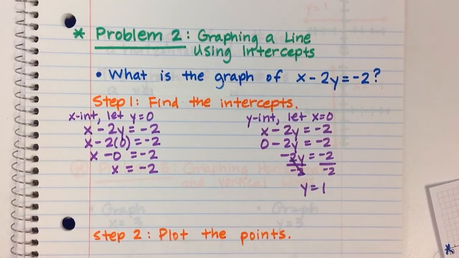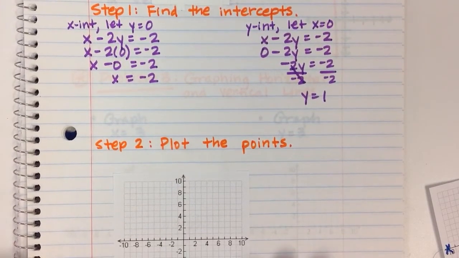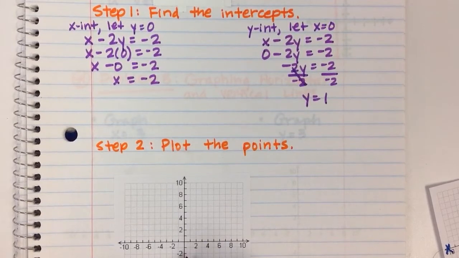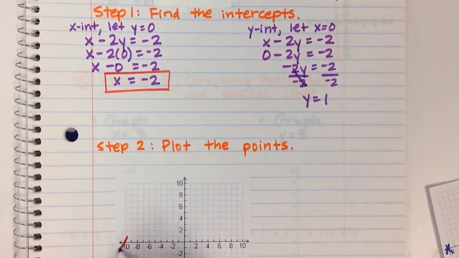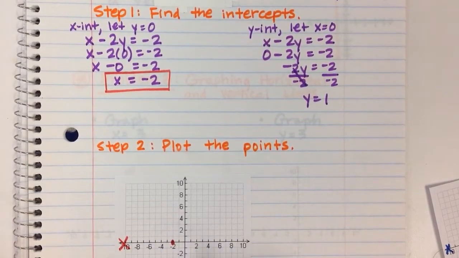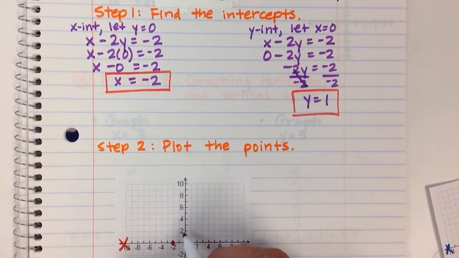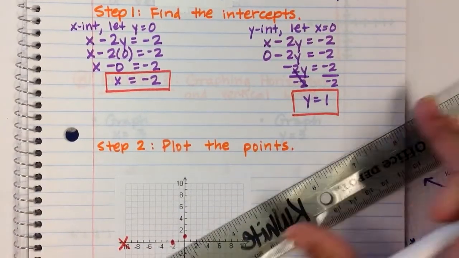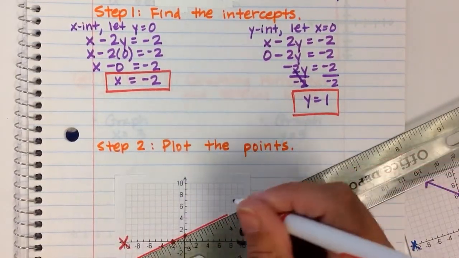So I have my two intercepts: the x-intercept is negative 2, the y-intercept is 1. So on the x-axis, I'm going to graph negative 2, and for the y-intercept, I'm going to graph 1. So I have my 2 points. I can connect them, and I have a line.